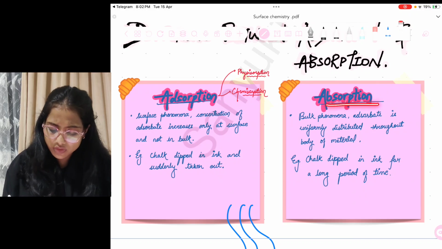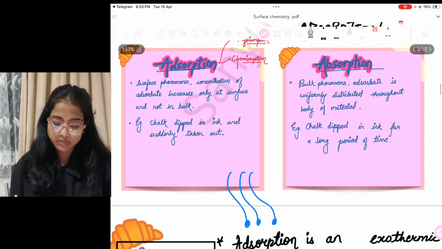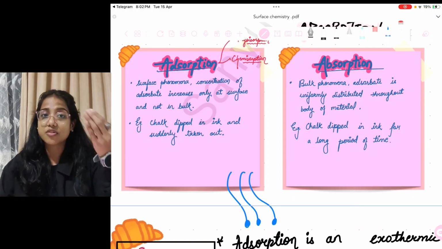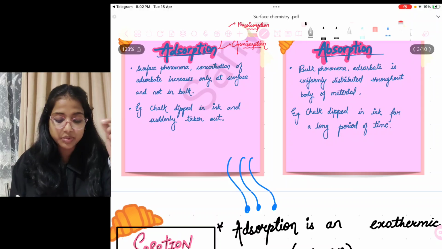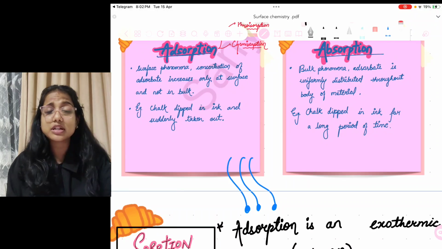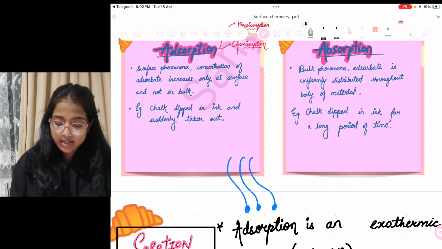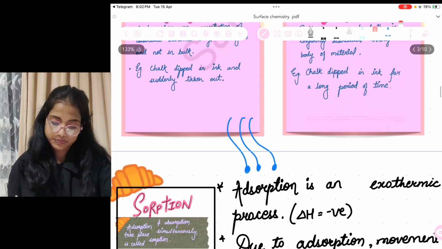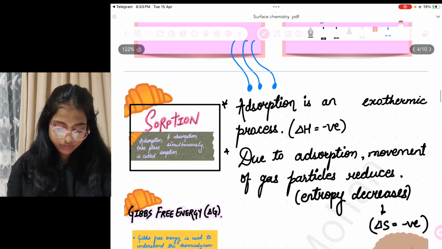Whereas in absorption, the adsorbate is uniformly distributed throughout the body of the material, so it takes place on the surface and even in the bulk. For example, if we take a chalk, dip it into ink and remove it suddenly, this is an example of adsorption, whereas chalk dipped in ink for a long period of time is an example of absorption.